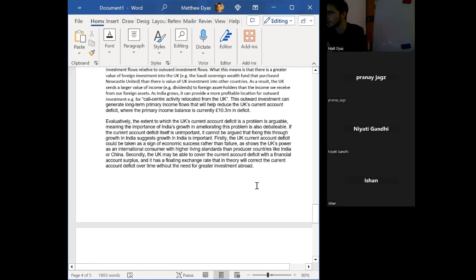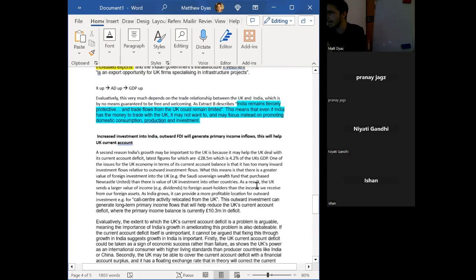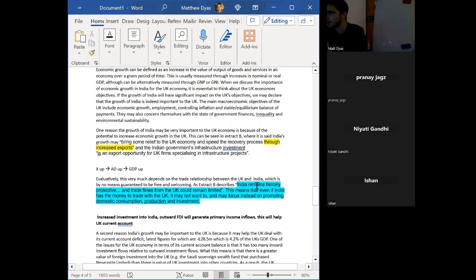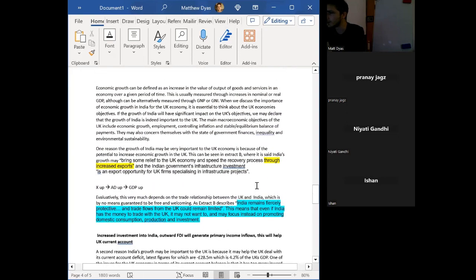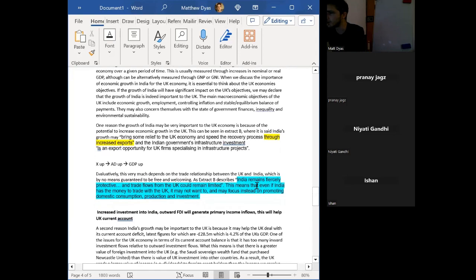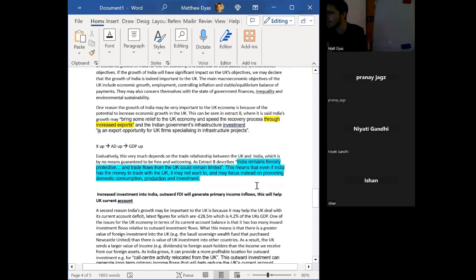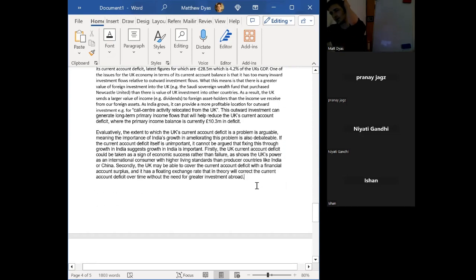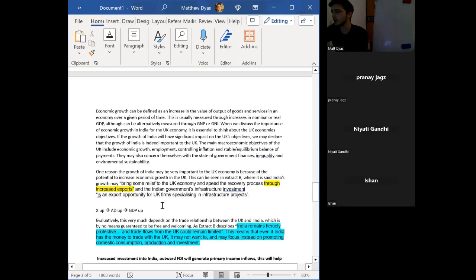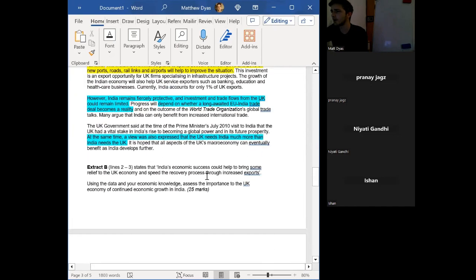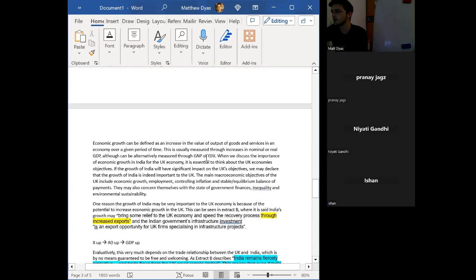So I'm not going to have time for the conclusion, but I will try and give an overall summary, maybe give you guys an idea of where I would go with the conclusion. Okay, here's what I'm thinking for the conclusion. I'm probably going to make use of that quote about the UK needing India much more than India needs the UK.